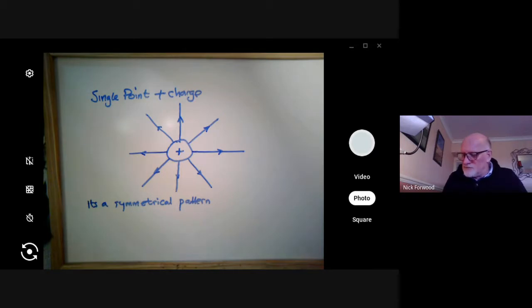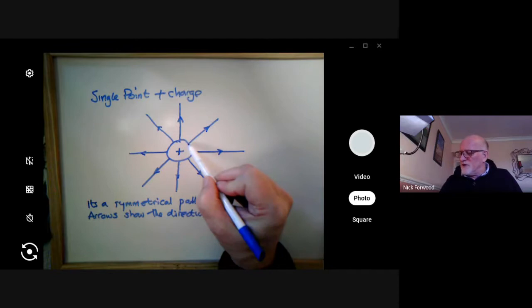And the arrows show the direction of the field. So I get the shape of the field by putting my positive test particle in.